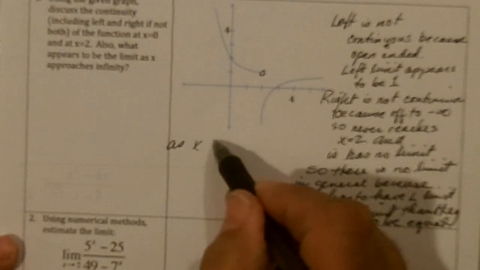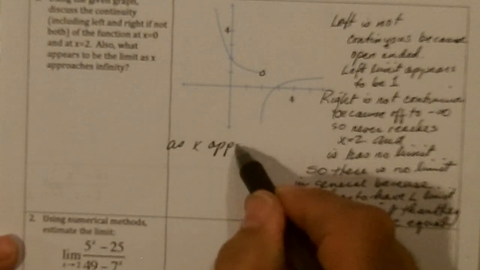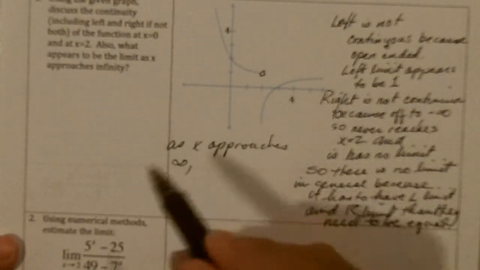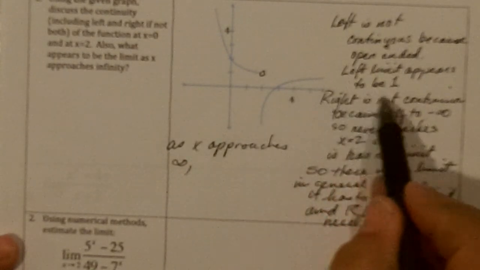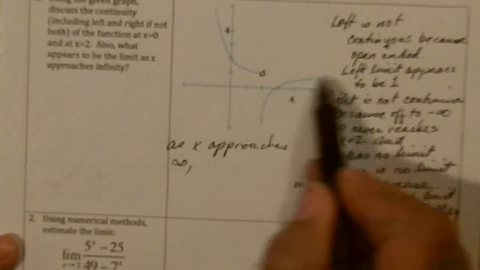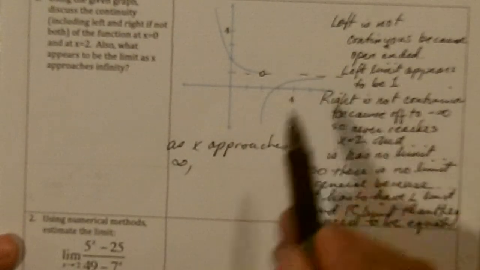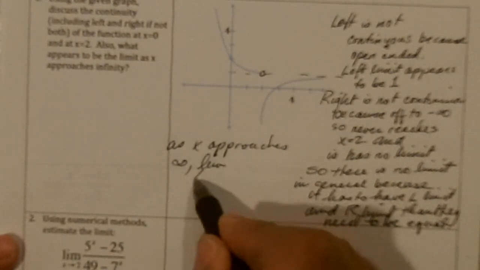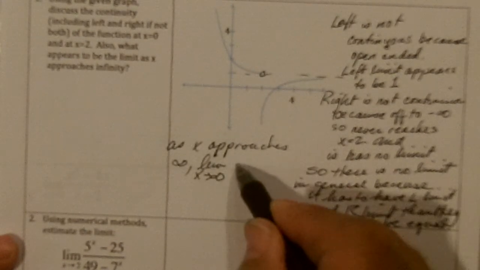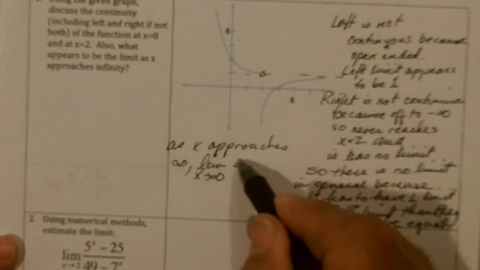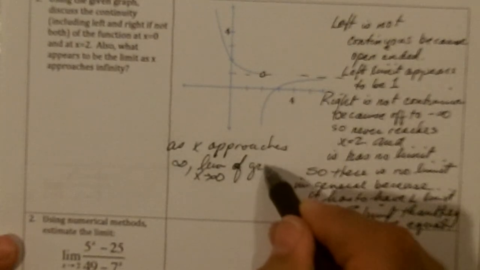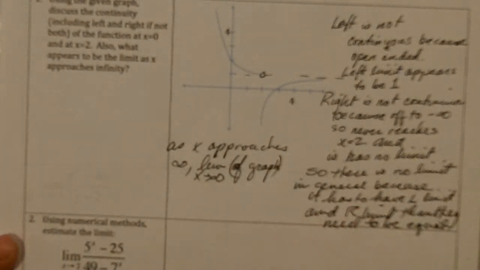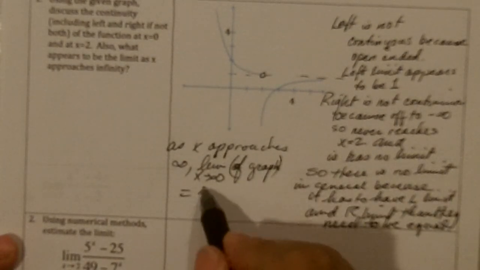As x approaches infinity, so as we go out here, it looks like the y height is approaching a value of 1. The limit as x approaches infinity appears to be, because the limit's always of something, I almost made the mistake, I didn't want you to, of the graph equals 1.